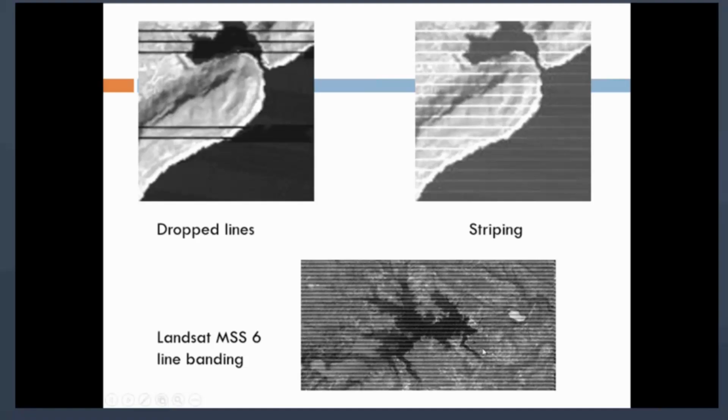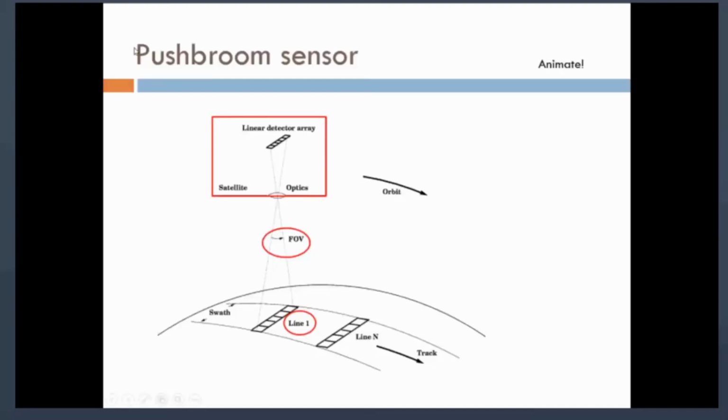Now, how are these errors caused? We have two types of scanning mechanisms. One of the major scanning mechanisms is push-broom scanning. Here, we have a linear set of detector arrays. We call them CCDs, charge-coupled devices. Then we have optics to focus.